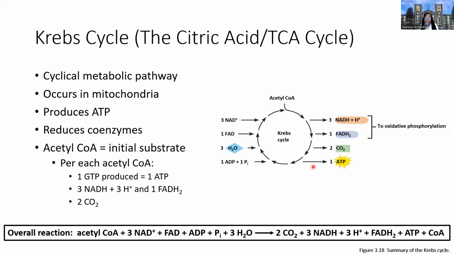So if we calculate how many ATP we've had up until this time, it's 2 net from glycolysis, and then 2 from the pyruvate, 2 acetyl-CoA, and so that's going to be 4 ATP so far between glycolysis, the intermediate linking step, and the Krebs cycle.